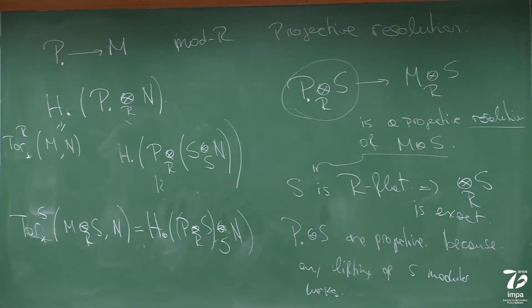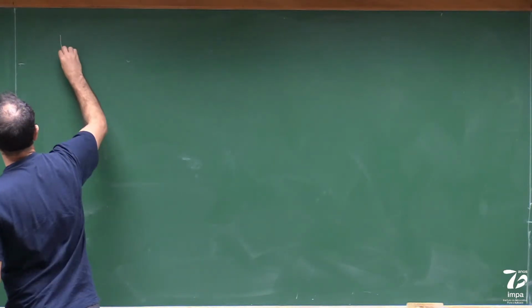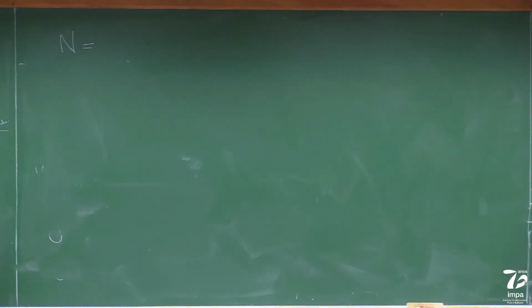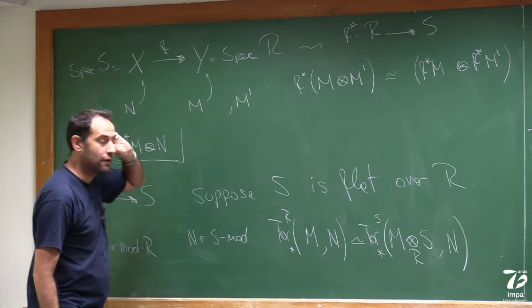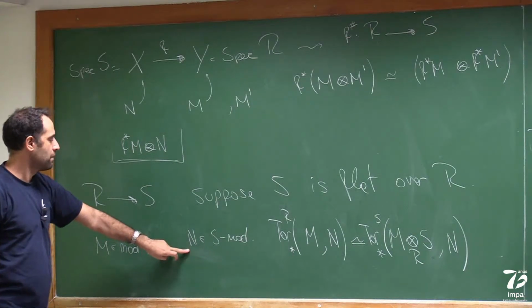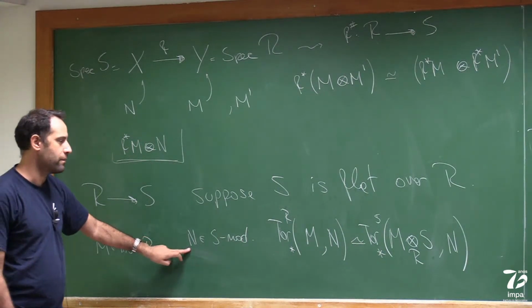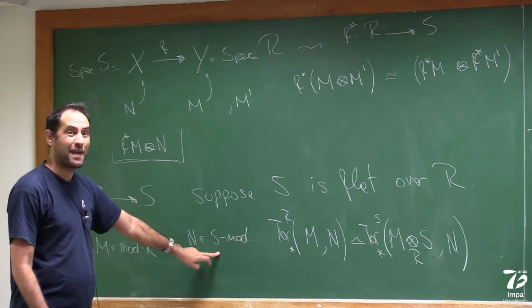Okay. So now let's use that lemma, and let's put our module N to be the pullback of an R module itself. So N is an S module, but let's take an S module of the form taking a tensor product by S of an R module.